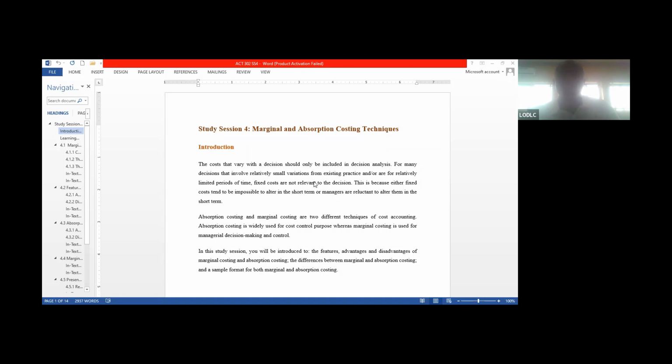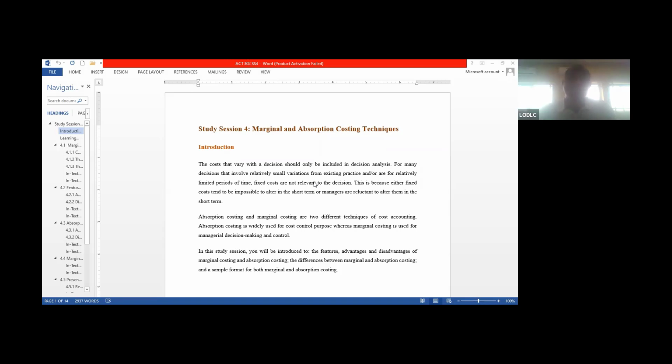So now, only the costs that vary with the decision should be included in decision analysis. What they are saying here is that any costs that are not relevant should be ignored or disregarded. Only the relevant cost should be included in any decision that a cost accountant or management accountant wants to take.